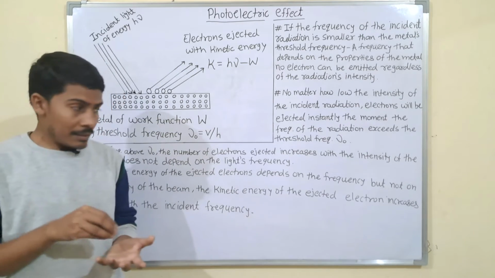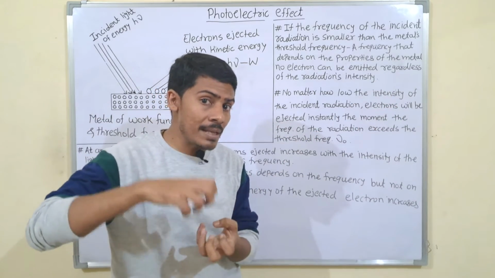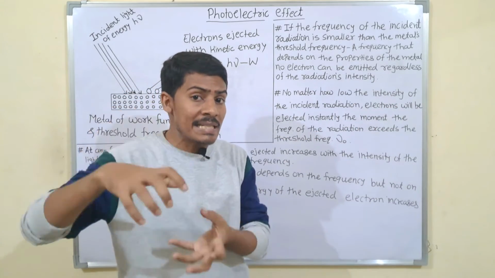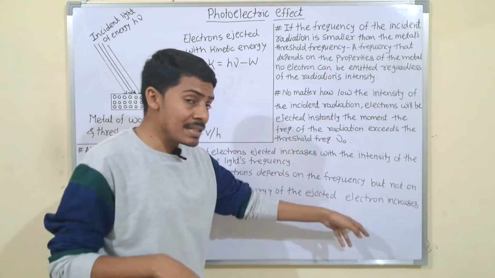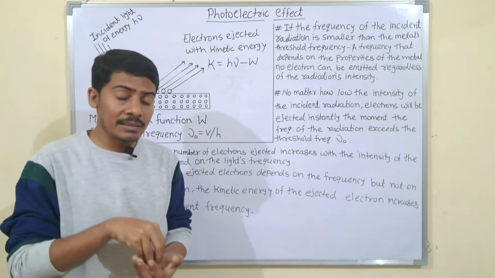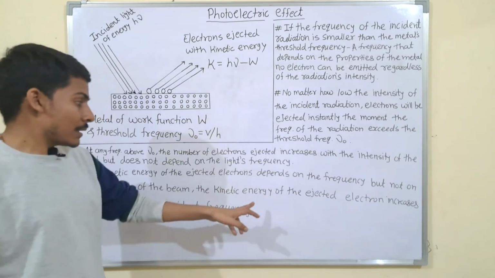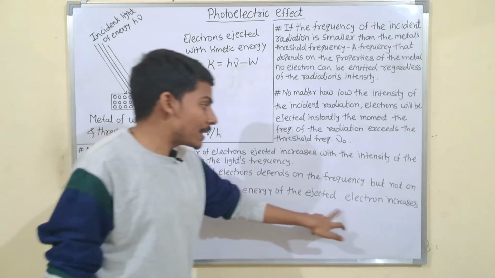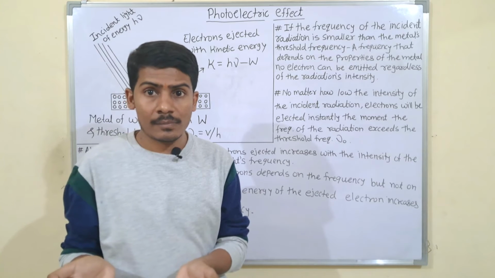With intensity, the number of electrons increases, but if we increase the frequency of the incident light, the kinetic energy of the electron also increases.